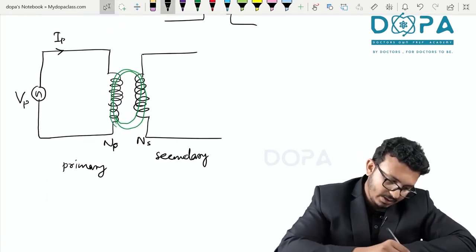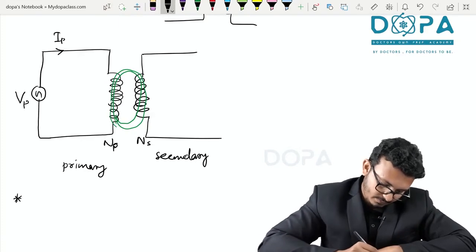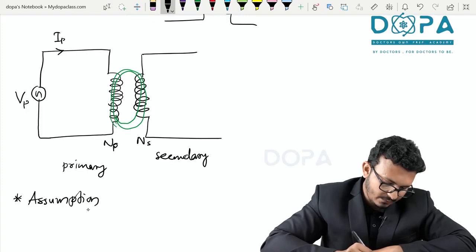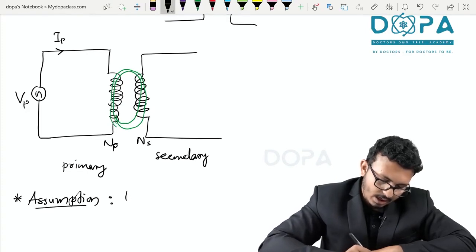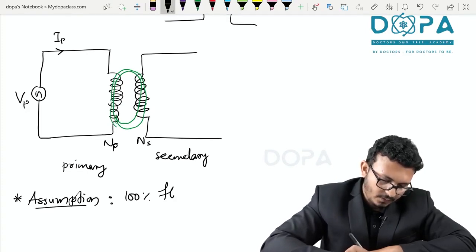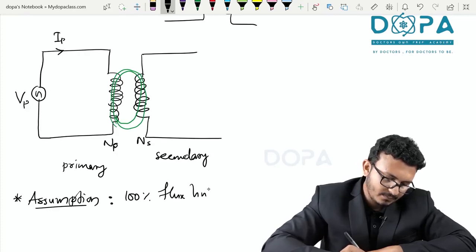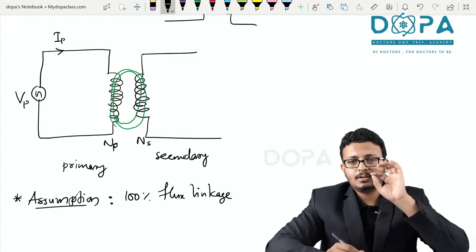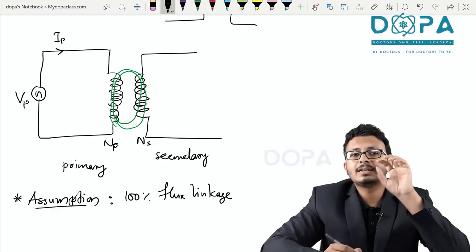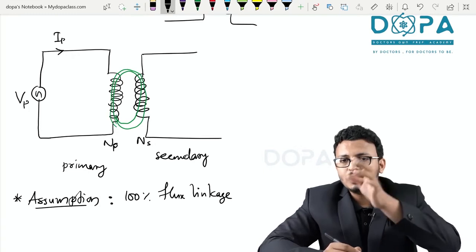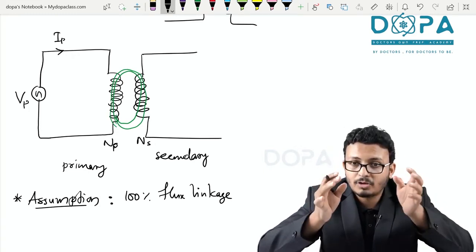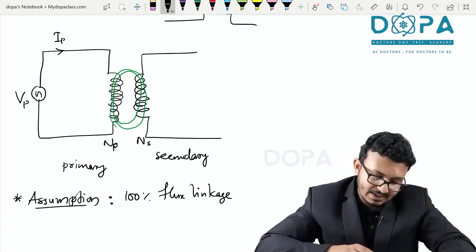All right, so the first assumption that we make is 100% flux linkage. It means that whatever field lines are in the primary are also linked with the secondary. So that's what we mean by 100% flux linkage.